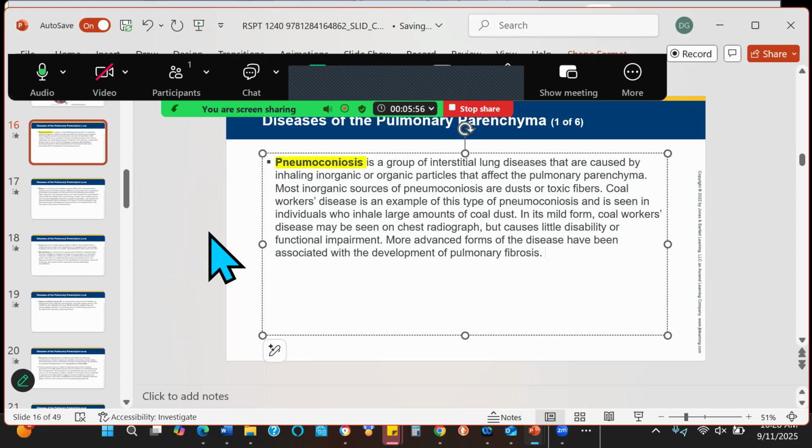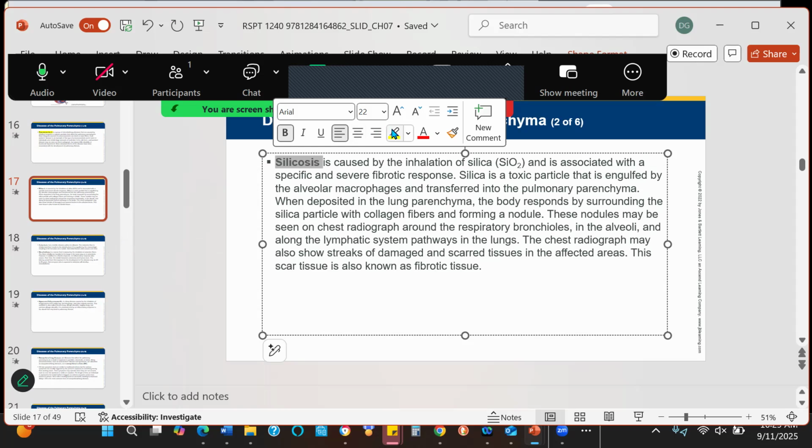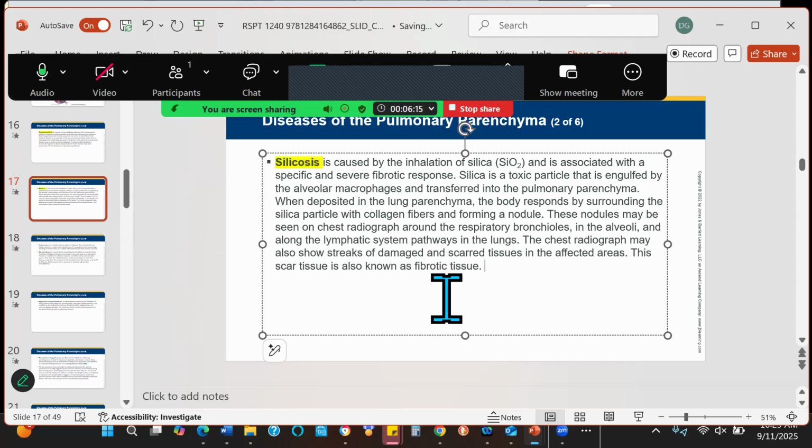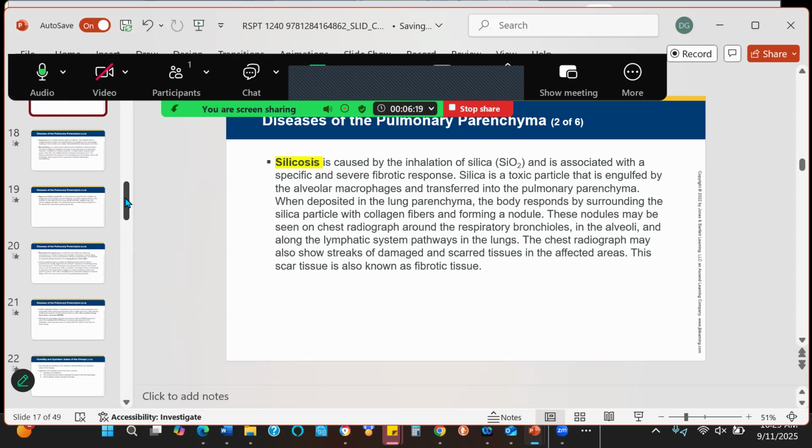It's a type of pulmonary fibrosis, which is another new term to get in your world. Pulmonary fibrosis is any scarring of the lung due to insult from something from the outside. Silicosis, that's silica that's inhaled into the lungs and produces a similar kind of problem to what you would have with black lung disease, coal miner's lung.